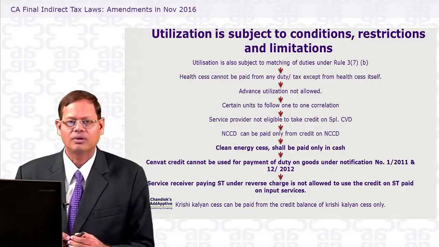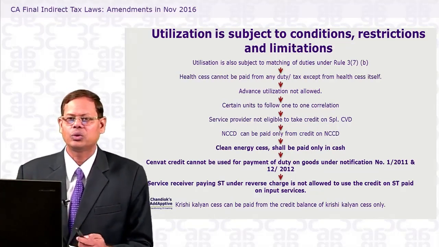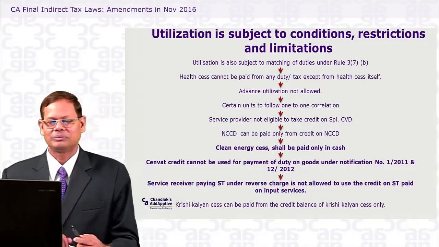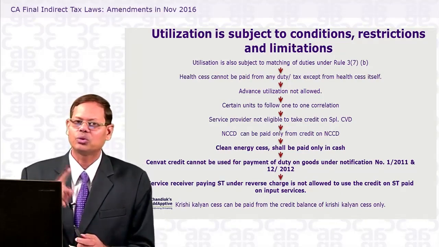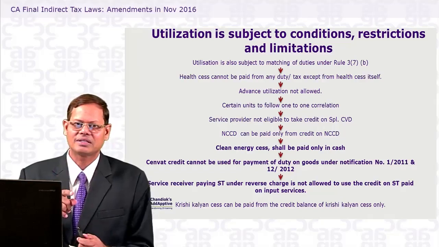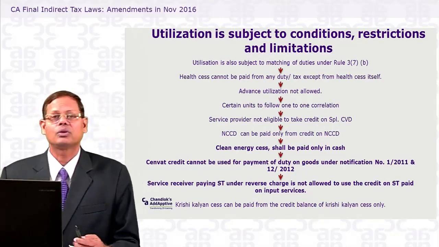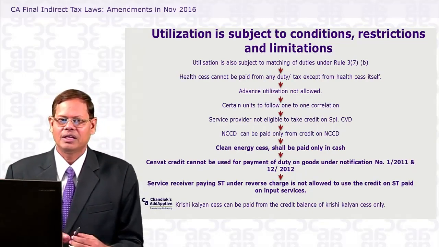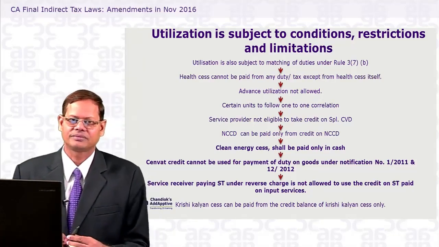So earlier 100 rupees was reduced to 50, again 100, 200. They have increased it. Now they are paying, and this amount will not go to the Ministry of Finance. It is collected by the Ministry of Finance and deposited separately. Obviously that will go to the Environment Ministry. So that is the reason why existing CENVAT credit cannot be used to pay this.